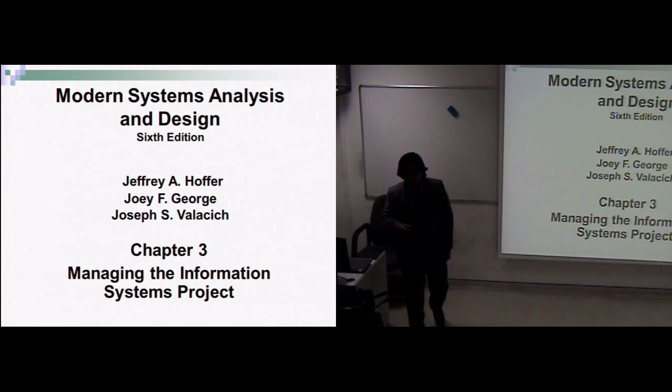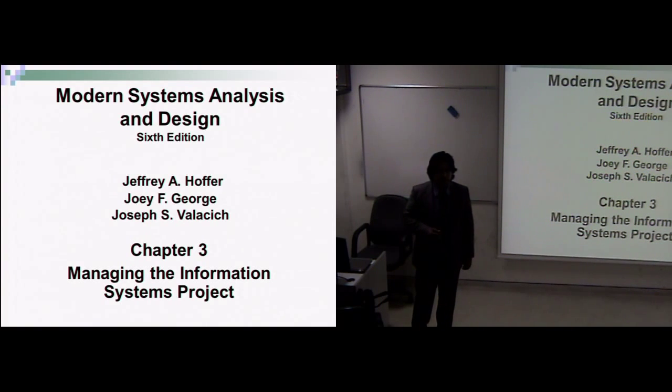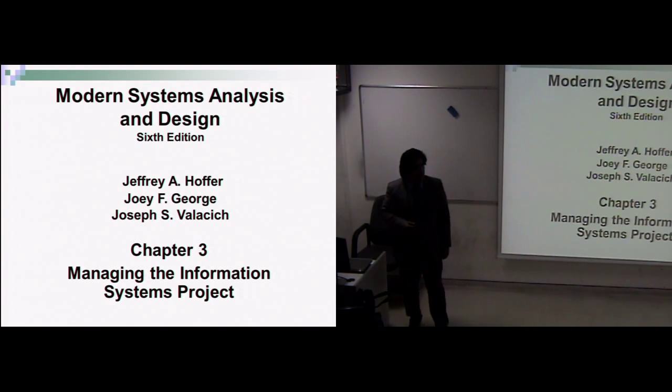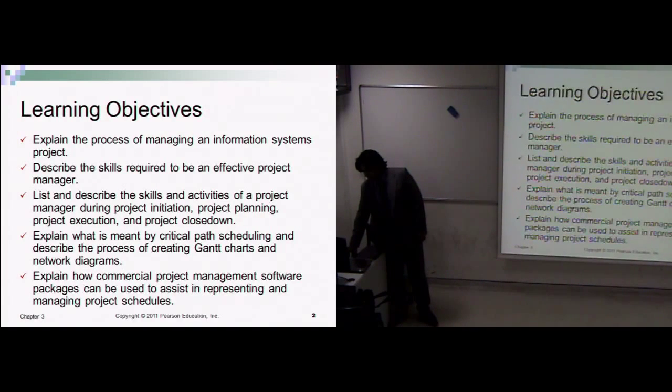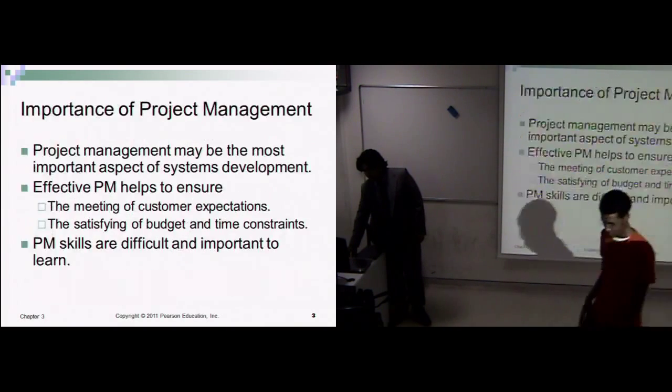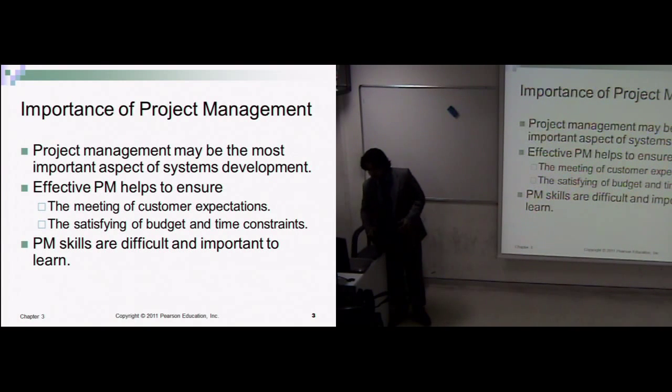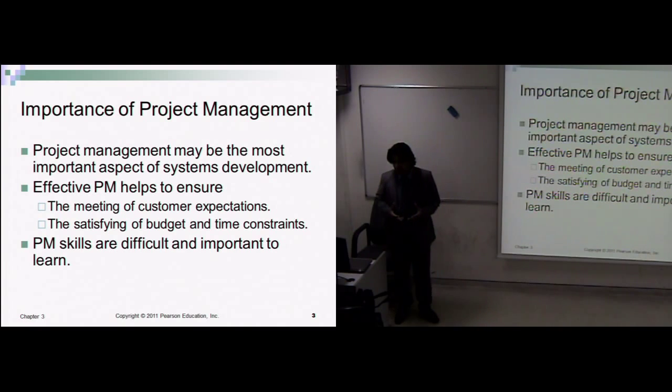Okay, so last time we started chapter 3 and we discussed certain objectives, and we saw what project management actually is, and what the effective project manager responsibilities are that can be ensured by a project manager.